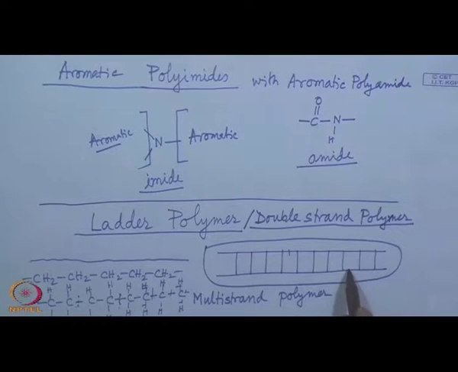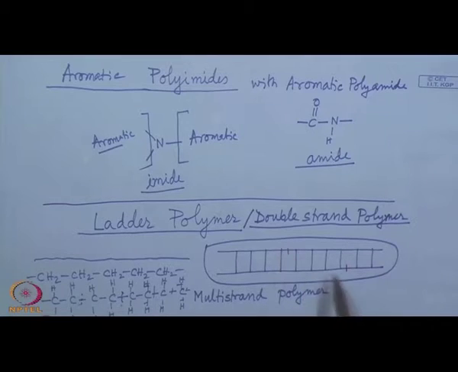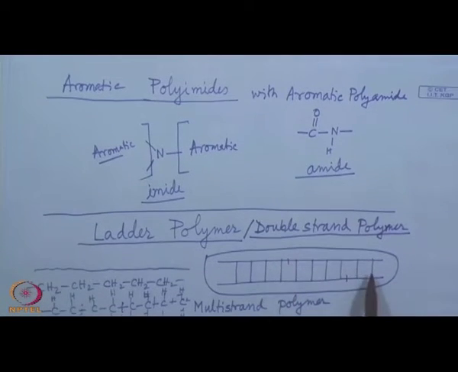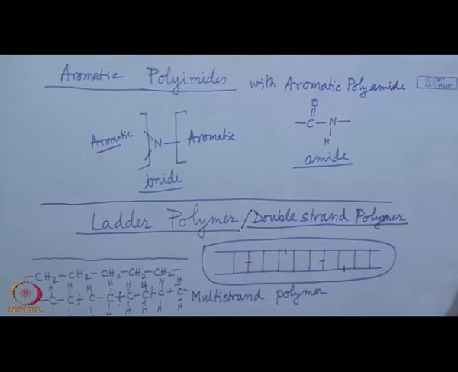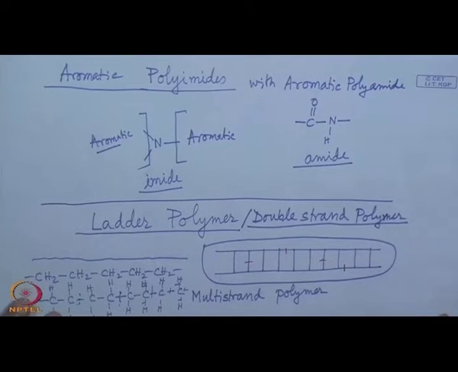Even if there is simultaneous breaking at another place here and here, or even over here, still the identity can be restored by the presence of other bonds. Here is the importance of such double strand or multi strand polymers or ladder polymers.